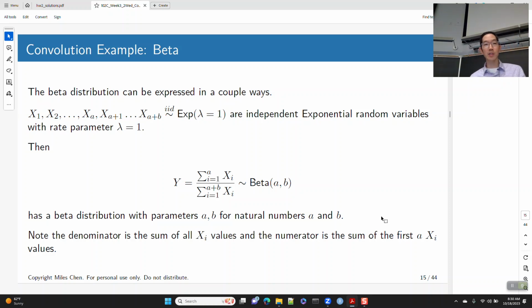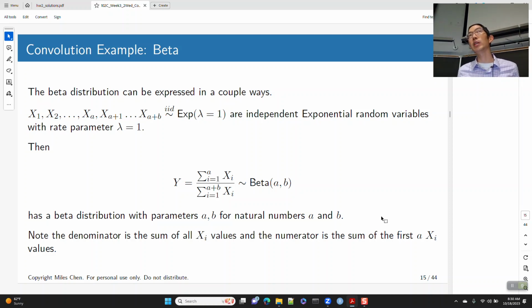So we saw the beta distribution at the beginning of our course, where we said the beta has to be between 0 and 1, and it's a probability. The way this works is you have a bunch of these exponential random variables, because the beta is, what is the probability of a success? Probability of a success, but it's random, right?